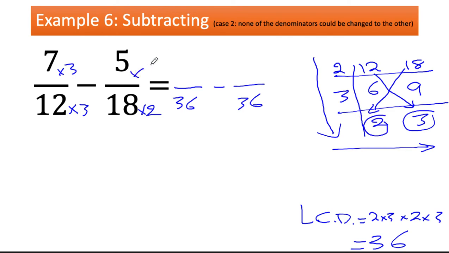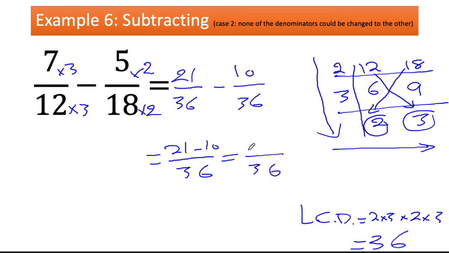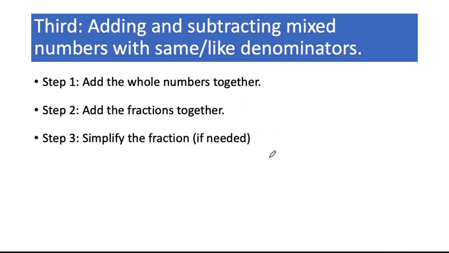So multiplying by 2 here. Now 7 times 3 is 21. 5 times 2 is 10. So now I will have one answer with 36, and 21 minus 10, which is 11. Can we simplify more? We cannot, so this will be the final answer.